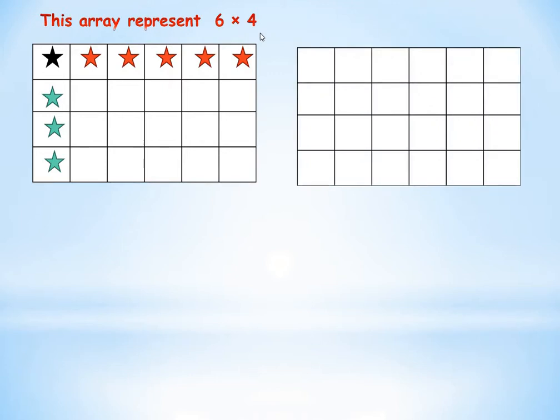This array, we will never change the small number 4, and we break apart this array into two parts. We will decompose number 6 in this exercise into 3 plus 3.